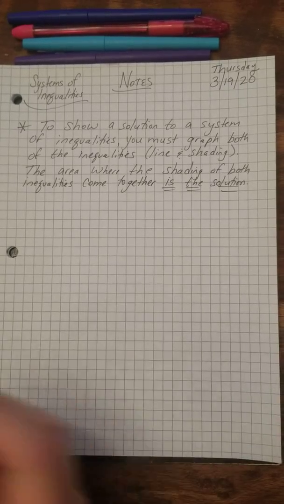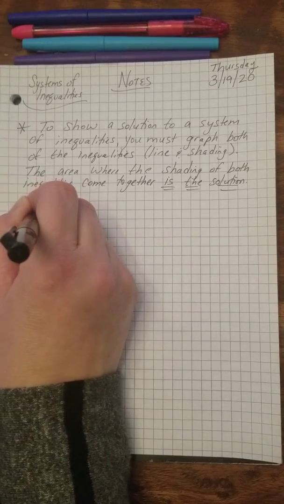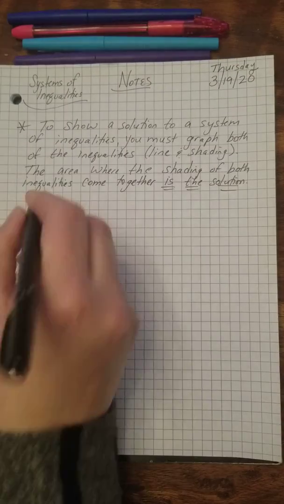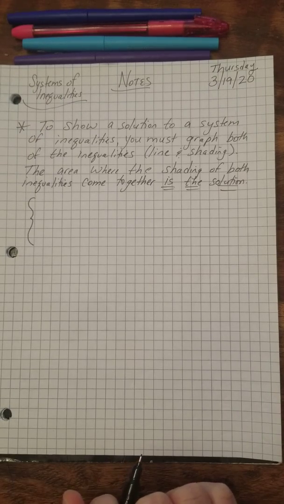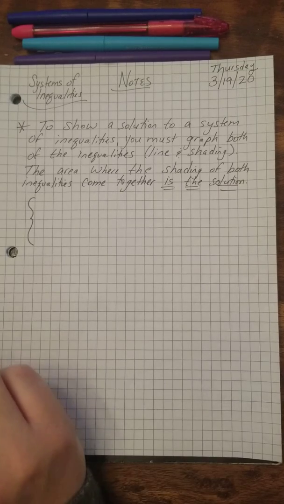All right, so we're going to take 2 inequalities, and I'm going to give you inequalities that are kind of the most work that you'll have to do. Sometimes you get inequalities and they're really pretty. They're in y equals mx plus b form, only it's an inequality and not an equation.